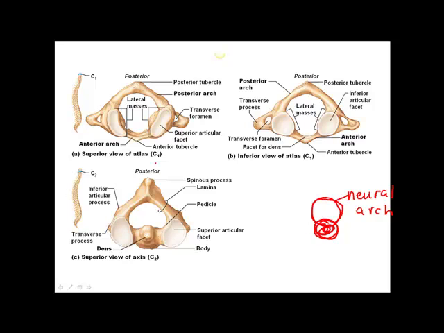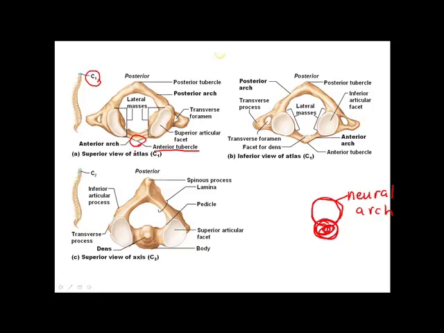Okay, so we're going to start off with the C1 vertebra, the very, very top vertebra. This one looks very different than 2 through 7. So these are very different. This is anterior up here, and this little tiny process here is called an anterior tubercle. And when you get to C3, that will be the vertebral body.